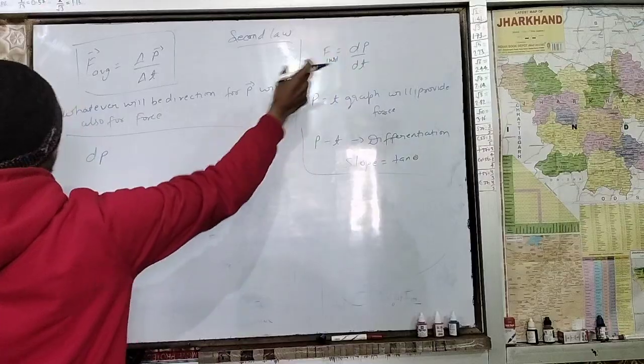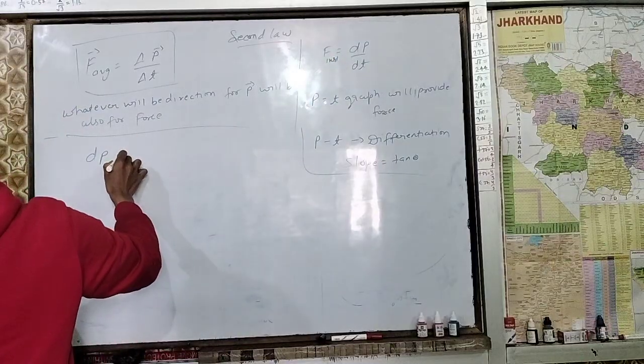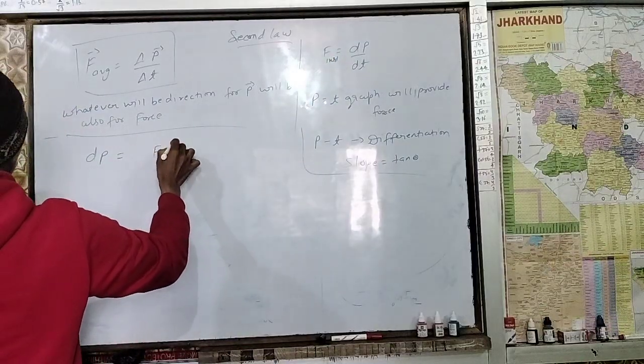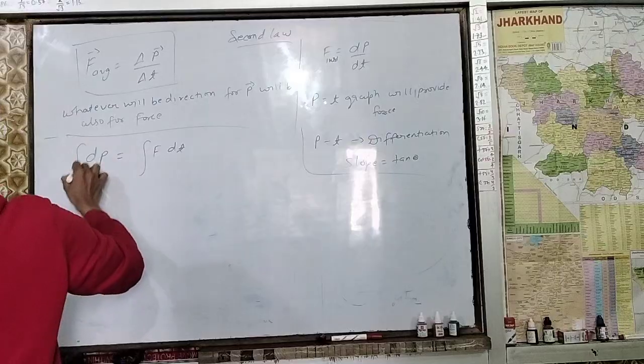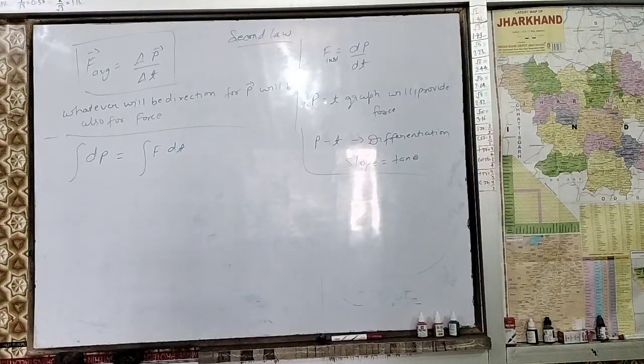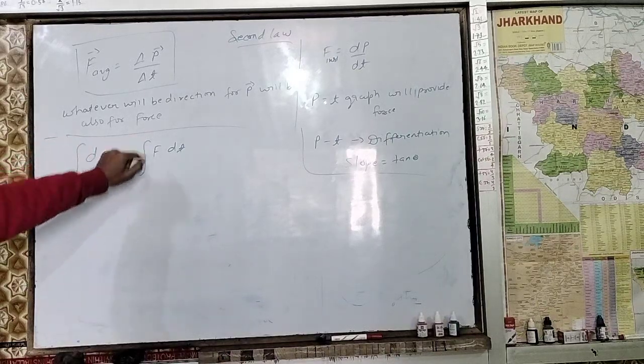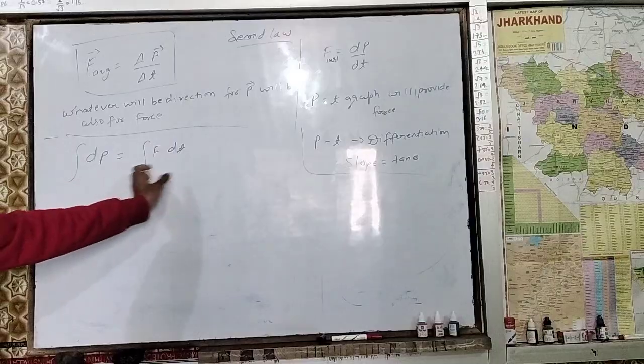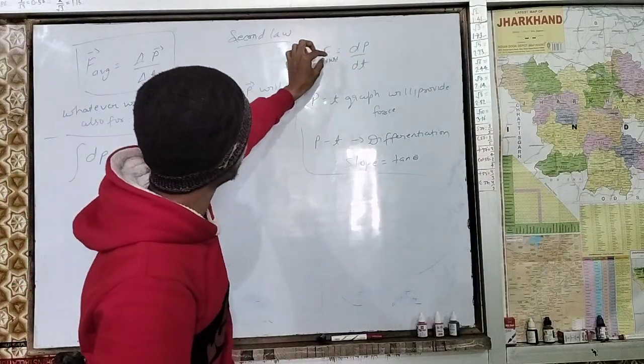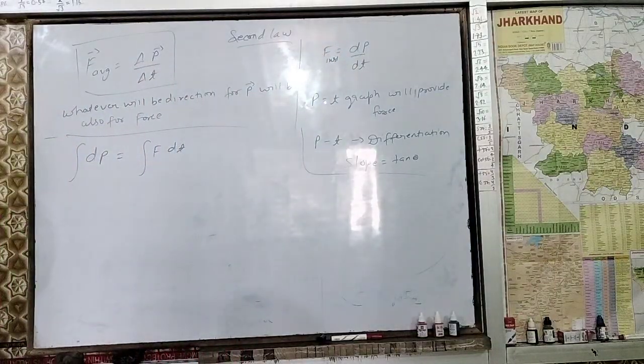Here we want the total momentum, so dp will be equal to F into dt. We are doing integration, so we will put our limits from initial to final.